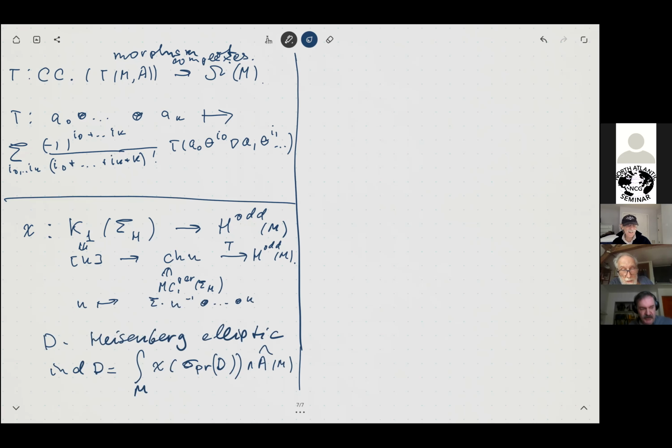Namely, I need to tell you what is a fiberwise trace, what are the connection and curvature for this algebra of principal symbols, and then say a few words about how one can verify this formula.